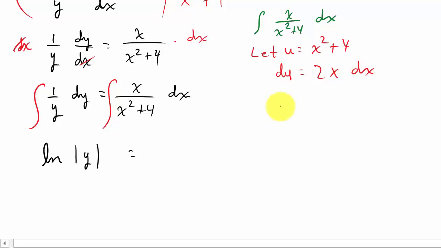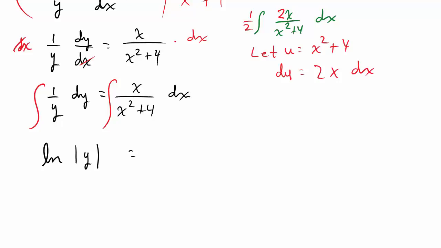Alright, so the x squared plus 4, I'll replace that with u, and then here I have x dx, but I need 2x dx to be able to plug in the du. So I need to put a 2 there, and remember, if you multiply by 2, you'll need to come out here and multiply by 1/2.